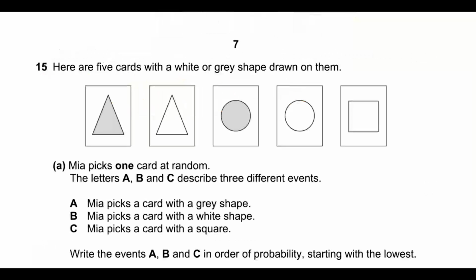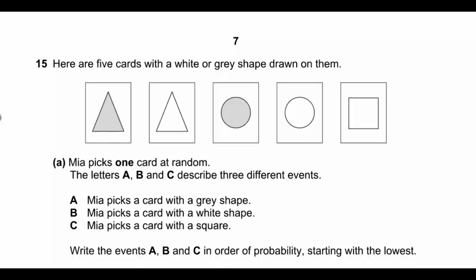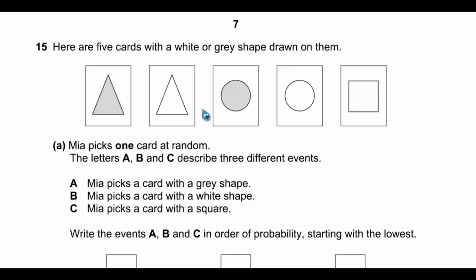That will be question 15. Here are five cards with a white or gray shape drawn on them. Okay, Mia picks one card at random. So the letters A, B, and C describe three different events.